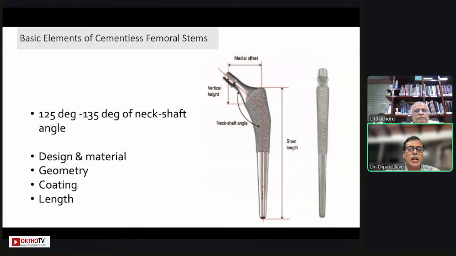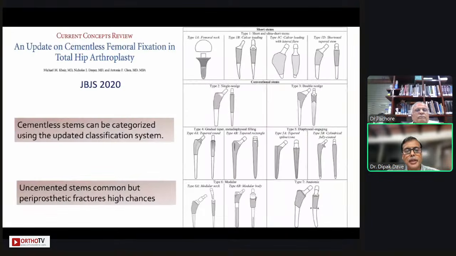If you look at the basic anatomy, the stem has got a neck, then the body, and it creates an angle, either a 125 or 135 degree neck shaft angle. Then the design and material, geometry, coating and the length. All these things we have to consider. Based on this information, we need to classify what kind of stem it is.